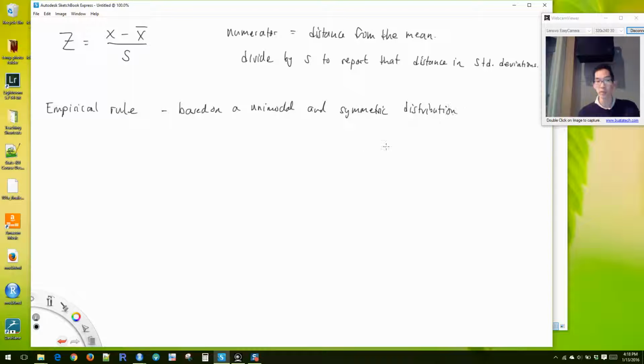So something that looks kind of like this. Sorry, this is such a terrible drawing. And the empirical rule says about 68% of our data is within 1 standard deviation of the mean.